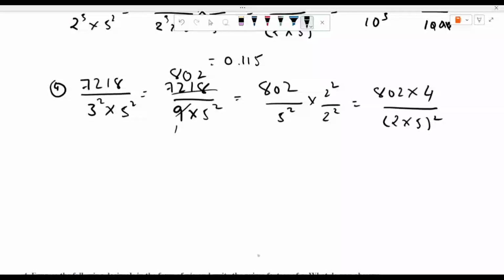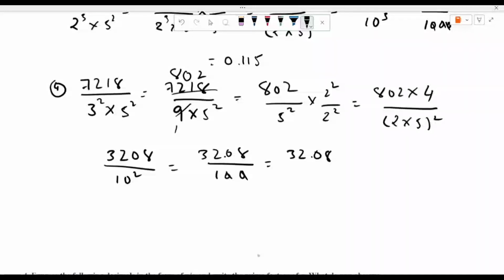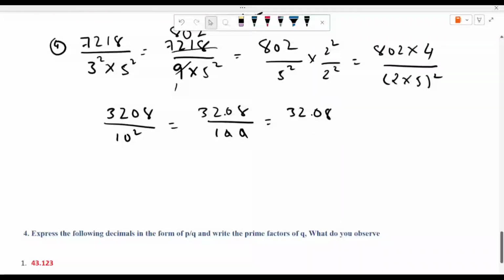So 802 multiplied by 4 gives 3208, divided by 10 square. 10 square will be 100. So 3208 divided by 100, after 2 digits, we get 32.08.